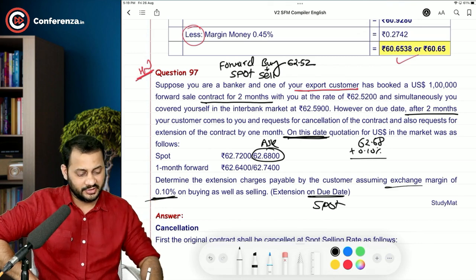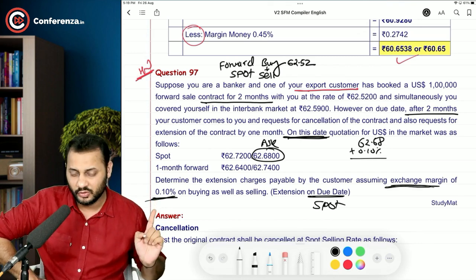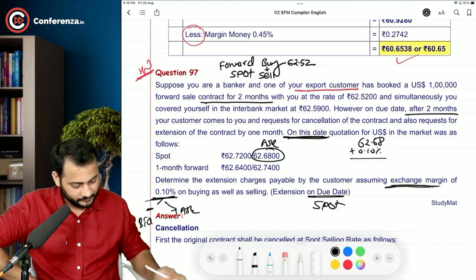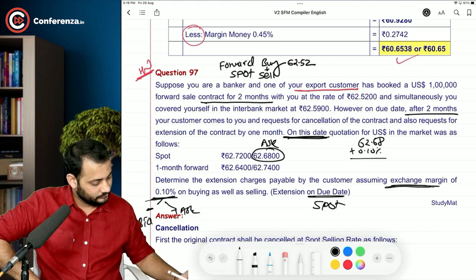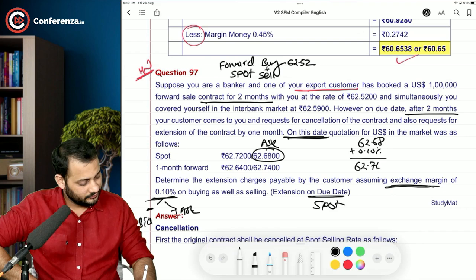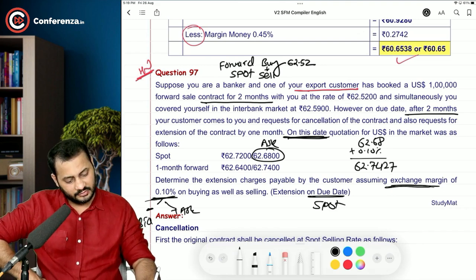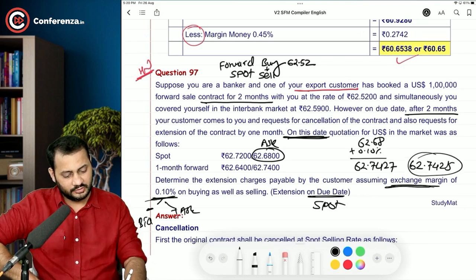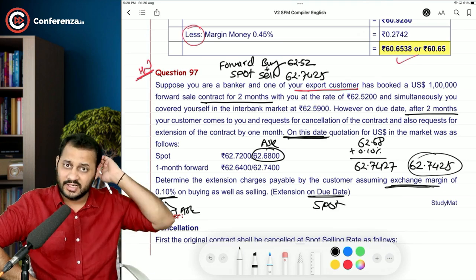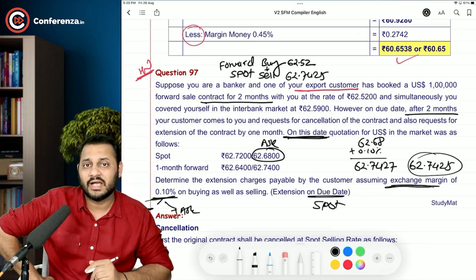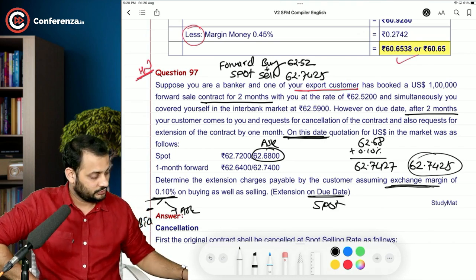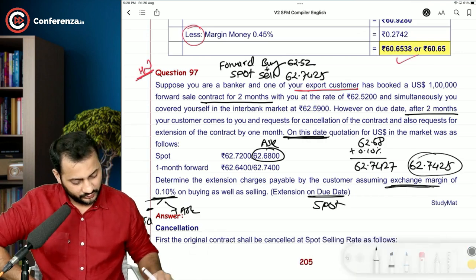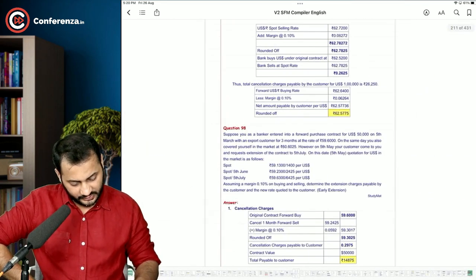Exchange margin is always bank's inflow, and it will be deducted from bid rate and added to ask rate, which comes to 62.7427, and rounded off to 62.7425. So selling rate is higher in this case. Bank will win, means bank will have a profit, customer will have a loss. 62.52 into around 22,268. Let's see the final answer.